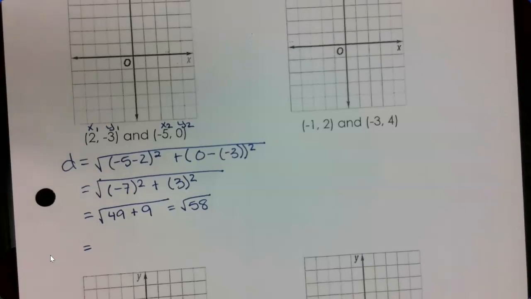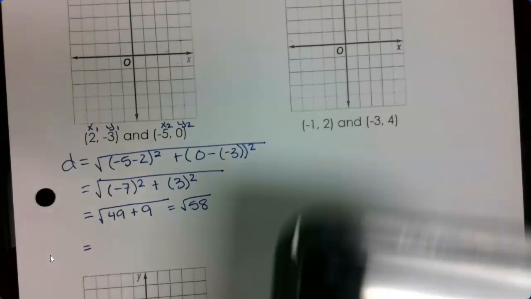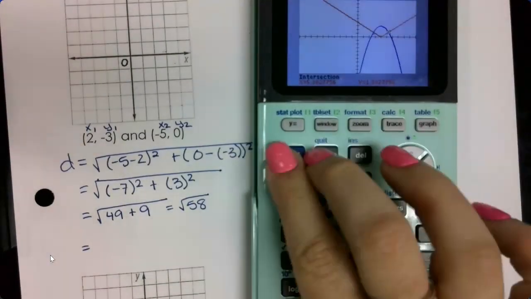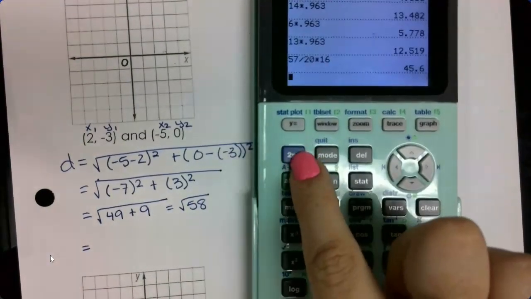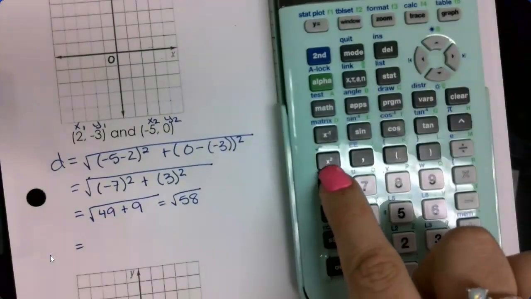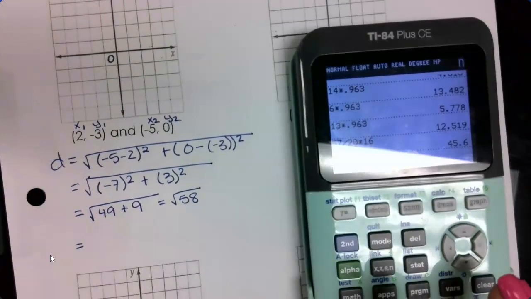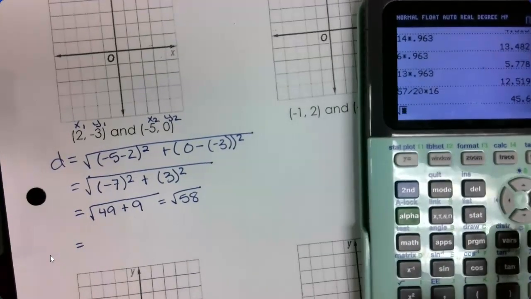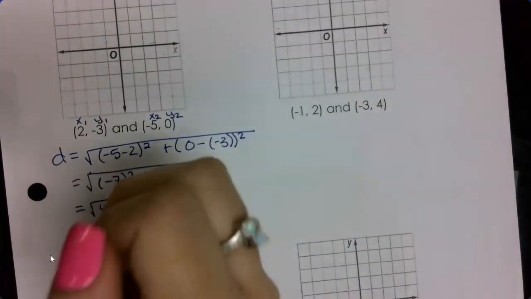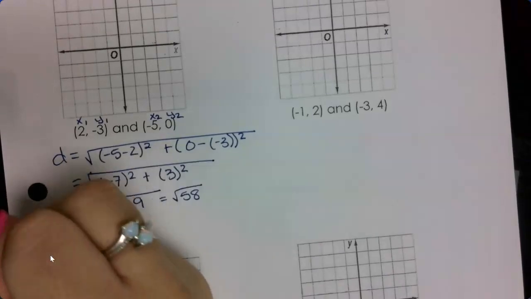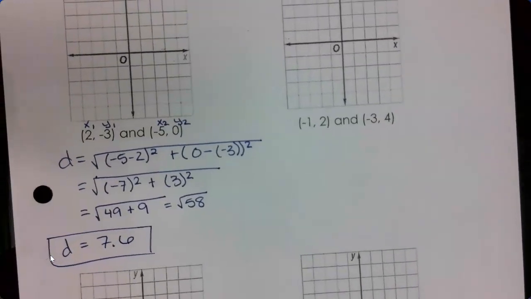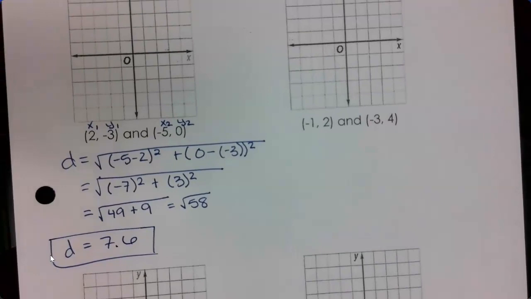Square root, so if I want to do square root, I'm going to press the second button and then the x squared button, and then I type my number.